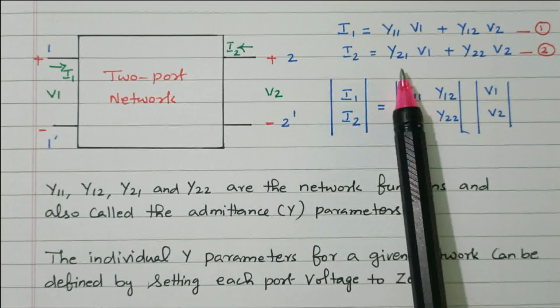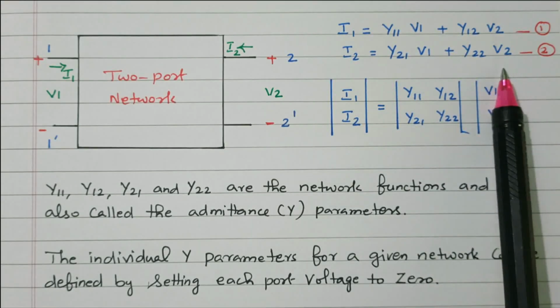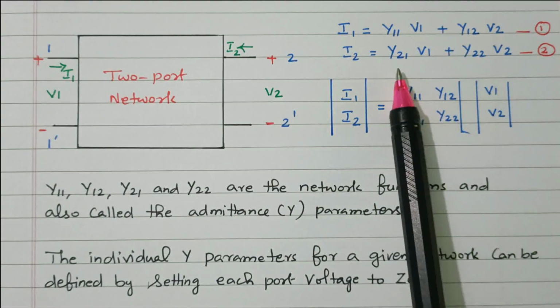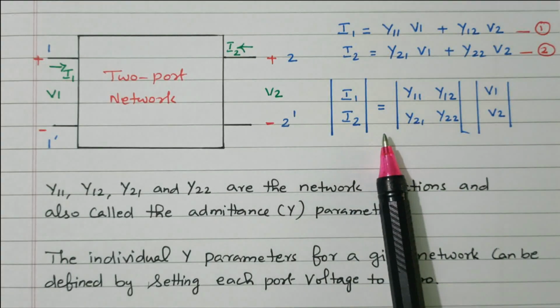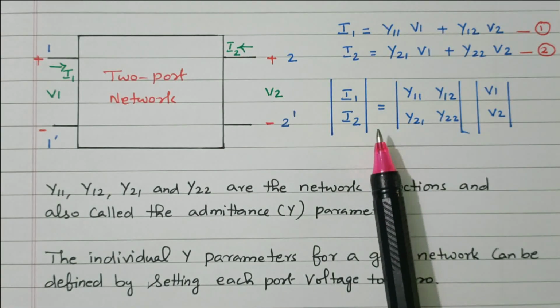Similarly, I2 equals Y21 V1 plus Y22 V2. I2 is also expressed in terms of V1 and V2 with admittance parameters Y21 and Y22. So these two equations are the generalized equations.